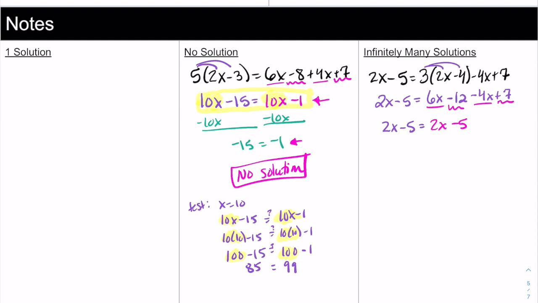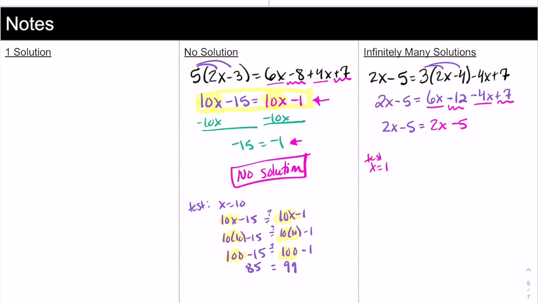We also saw an equation like the last one, 2x minus 5 equals 3 times the quantity 2x minus 4, minus 4x plus 7. When we distribute and combine like terms on the right-hand side, we get 2x minus 5. So our equation says 2x minus 5 equals 2x minus 5. And so when we discussed this today, someone said, well, x could be 1.